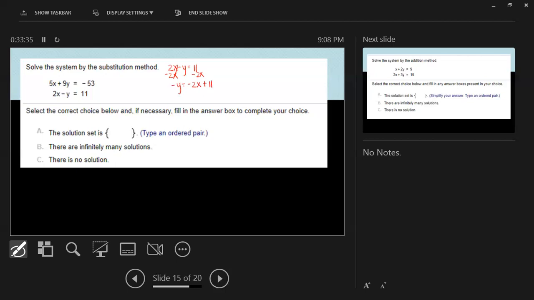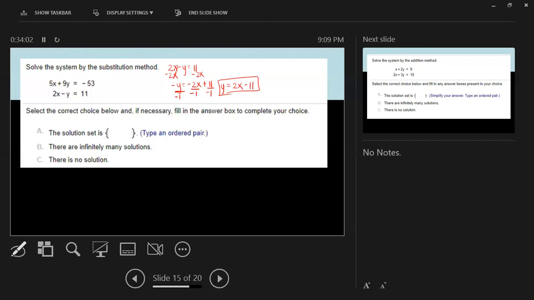That y can't be negative, but that's understood to be a -1. So I'm going to divide each term by -1. So I'm left with y is equal to, now -2 divided by -1 is a +2, so a +2x. And then 11 divided by -1 is a -11. So I'm left with y is equal to 2x subtract 11.